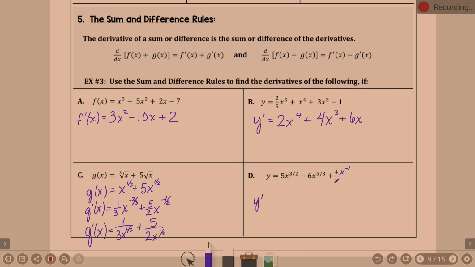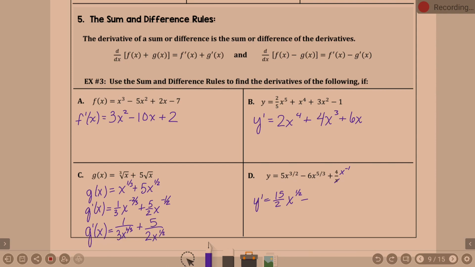Y prime, here we go. 15 halves x to the 1/2, which is 5 times 3/2. So 5 over 1 times 3 over 2.